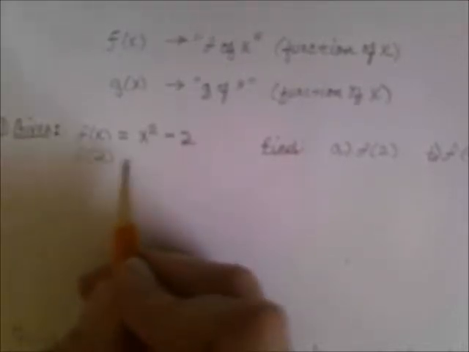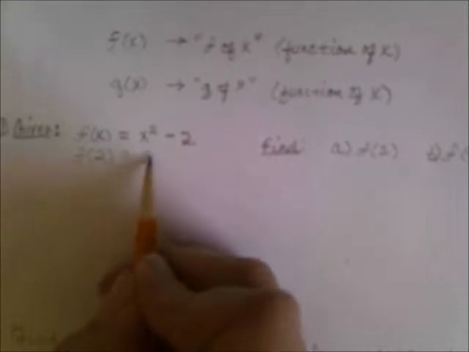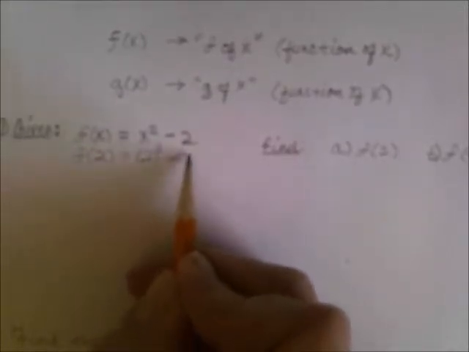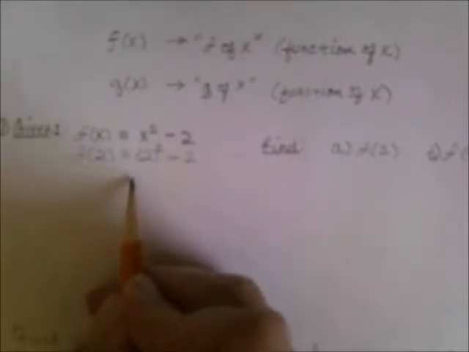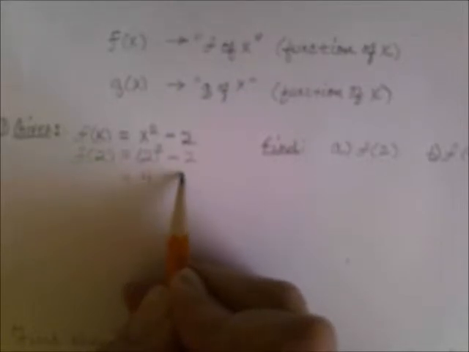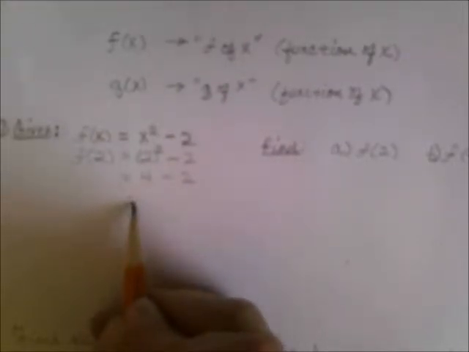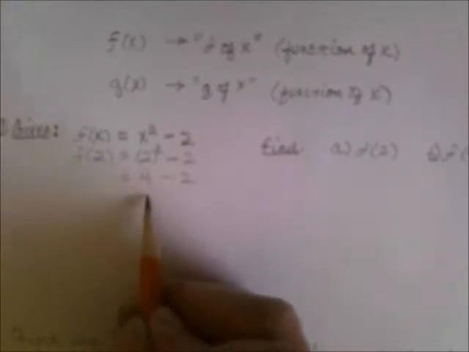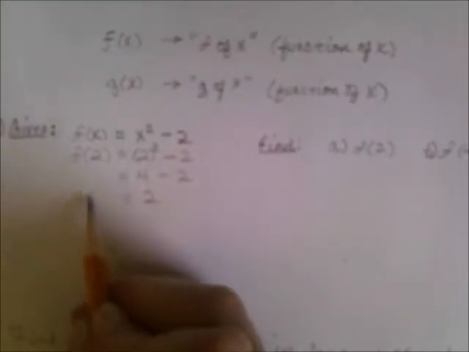So f of 2 will be equal to 2 squared minus 2. Well, 2 squared is 4 minus 2, so f of 2 is equal to 2.